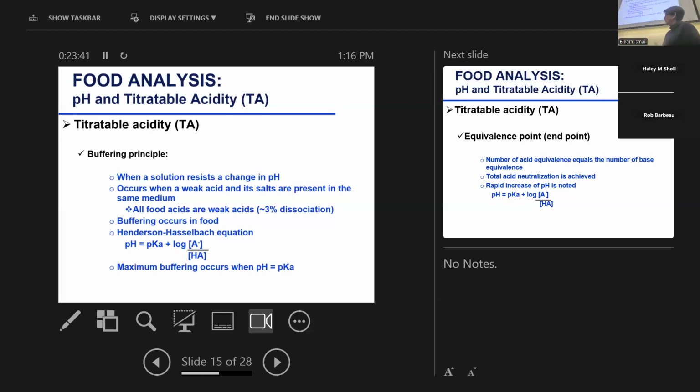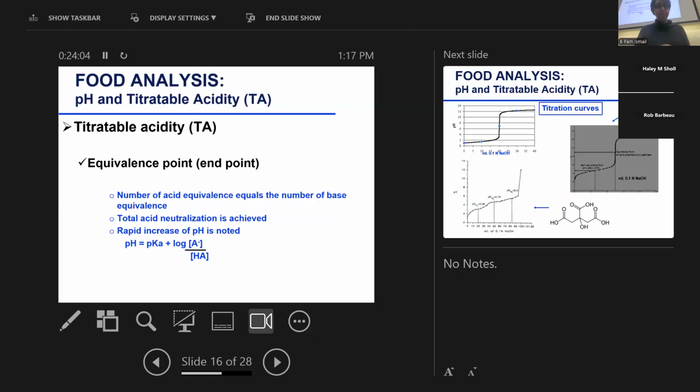So when you are titrating organic acids, the good thing about them is that they don't buffer around the neutralization pH. So you will get the endpoint, and that's that. There's no buffering happening there.